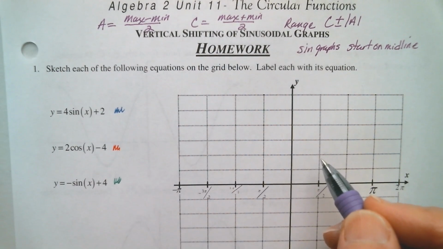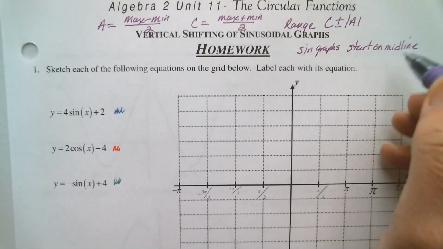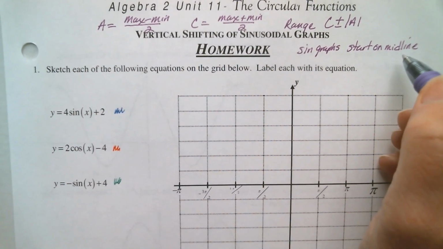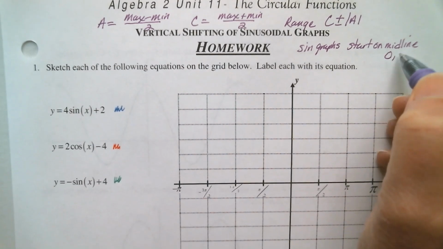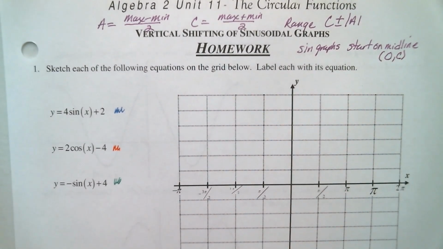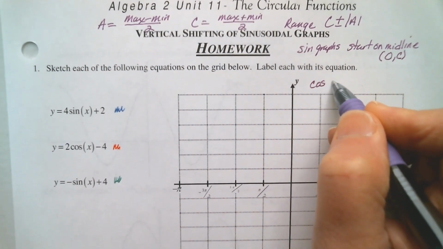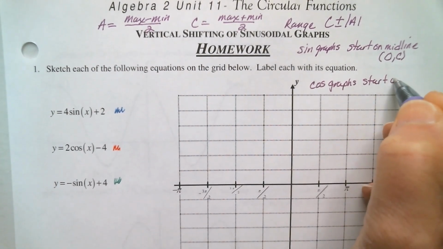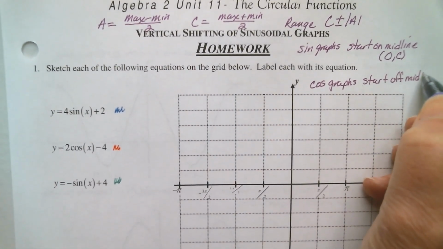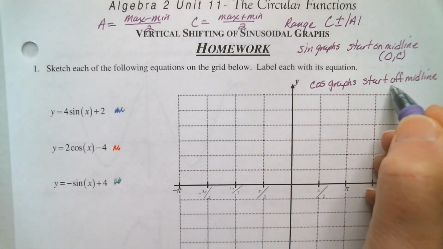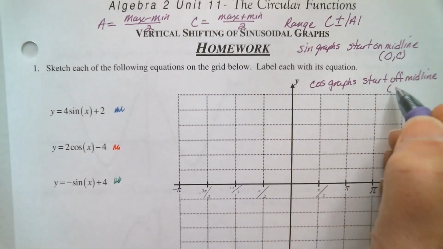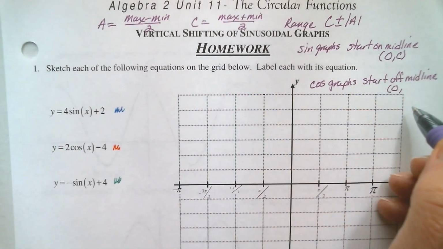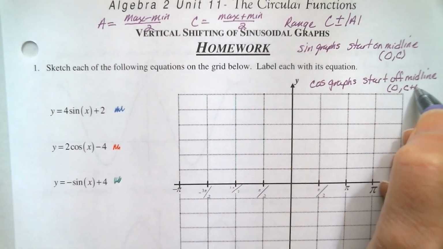They will start on the y-axis on the midline, and the midline y value is C. So it would start at the point 0, C. Whereas cosine graphs start off the midline, somewhere on the y-axis, and that somewhere is going to be the x-coordinate of 0 and the y-coordinate of C plus A.